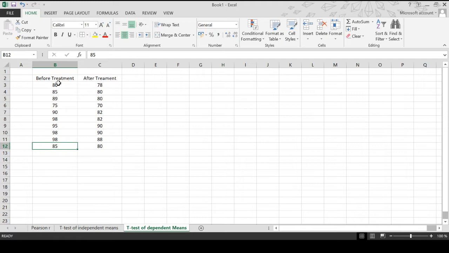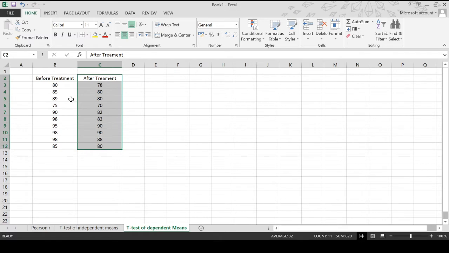No body shaming intended, but let's say they wanted to know whether the slimming pill is very effective for weight loss. We have the before treatment weights in kilograms, and after the treatment, they were remeasured, and these are the sets of data. We want to know if the treatment is effective.